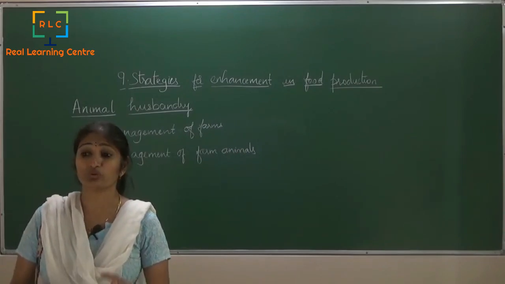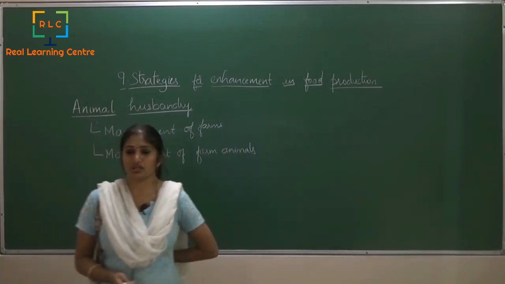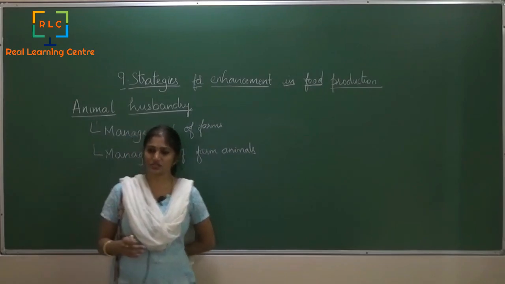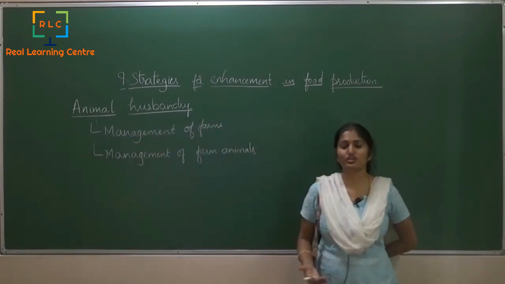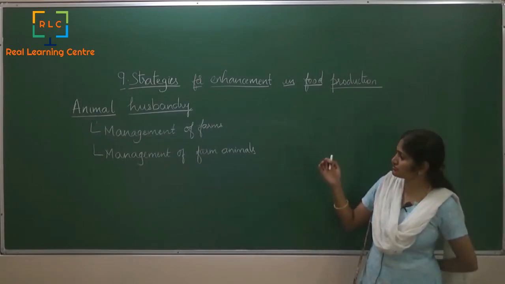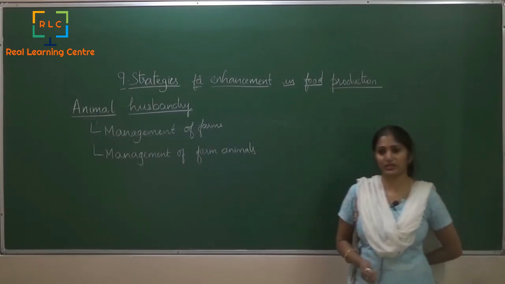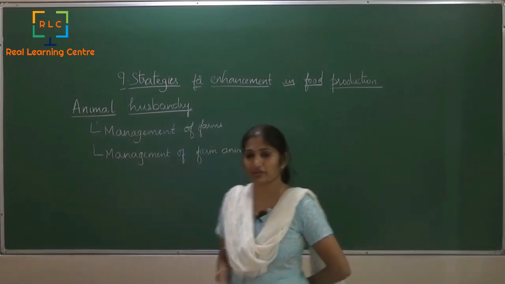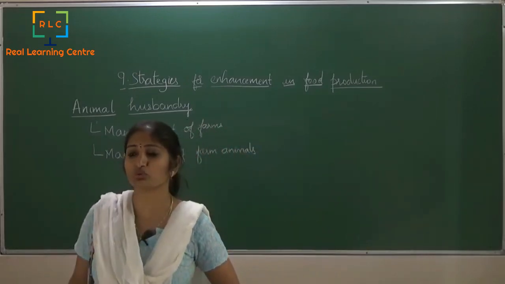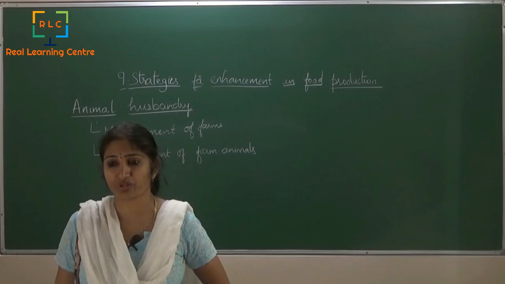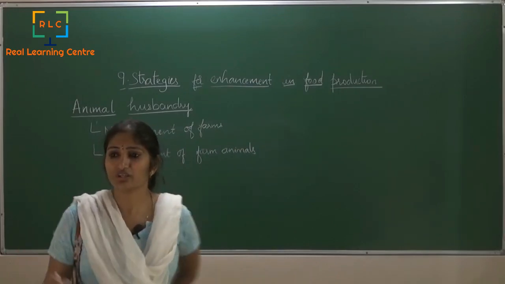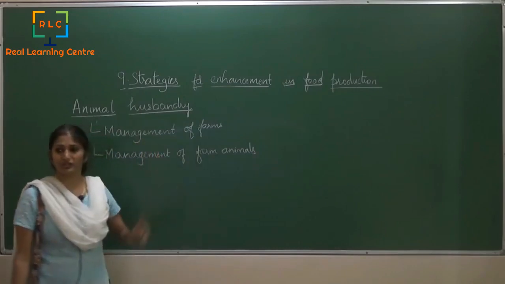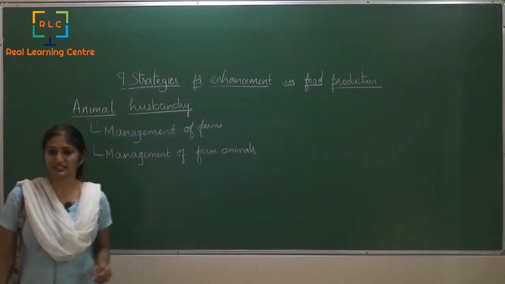Okay, so how do we do this? We have been practicing lots and lots of conventional practices to manage the farms as well as the farm animals, but this is not boosting our food production, and therefore we have to think about managing these two in such a way that food productivity increases.